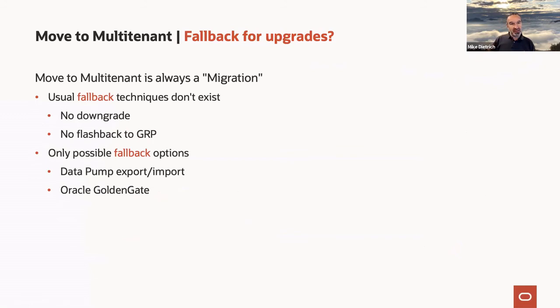The fallback for upgrades, moving to multitenant, and this is important to understand, is always a migration. It's never just an upgrade, it is always a migration. So the useful fallback techniques don't exist. No downgrade, no flashback. Only possible fallback options: Data Pump export/import, GoldenGate, or the alternative I've shown you before.